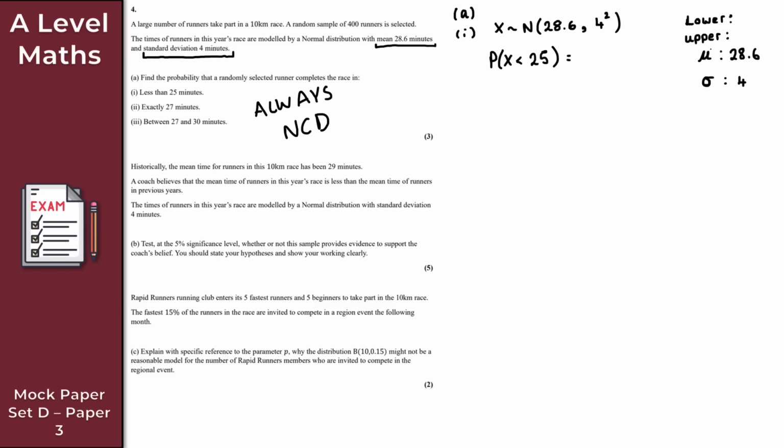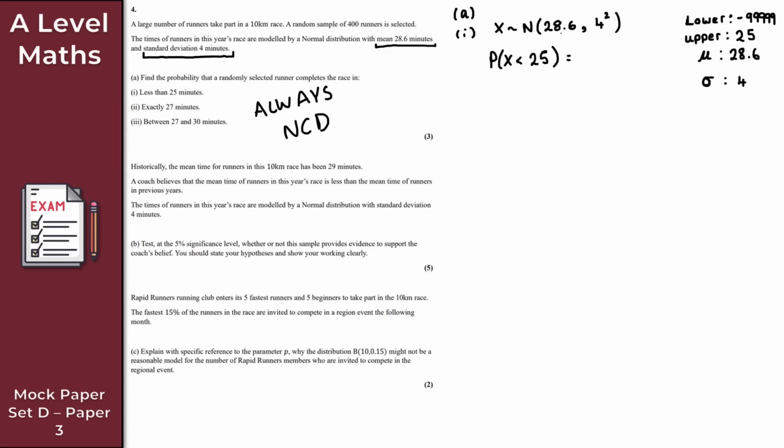It is easy to get that mixed up. So the upper value is 25, just this number here. And for the lower value, we just choose an arbitrarily small value. What I like to do is put a minus and then a load of 9s, like so, but anything that's arbitrarily small will suffice.